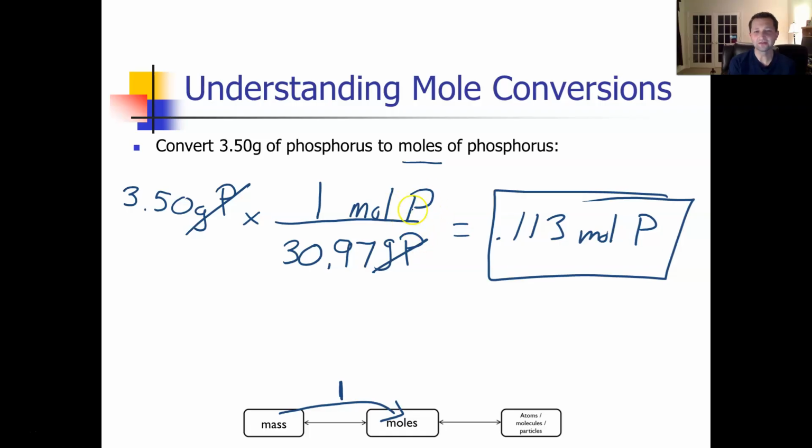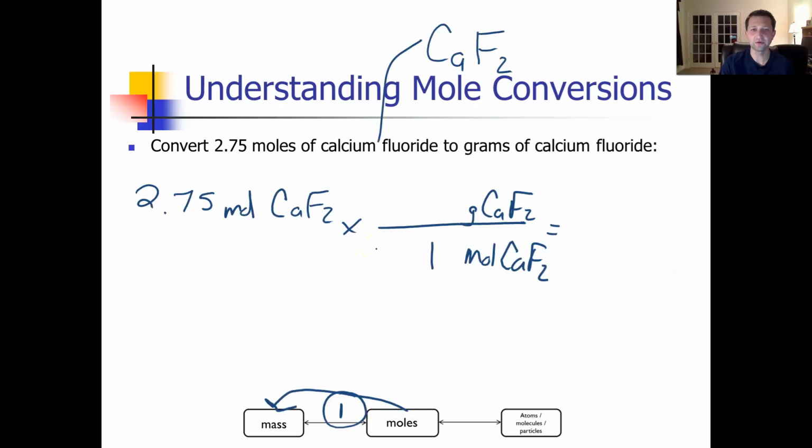It doesn't matter, as long as I have 1 next to moles and 30.97 next to grams of phosphorus, I'm good. That's my equivalence. Doesn't matter which one's on top or bottom. If moles is on top or on bottom, the 1 goes next to it. If grams is on top or bottom, the 30.97 goes next to it. All right, same thing over here.